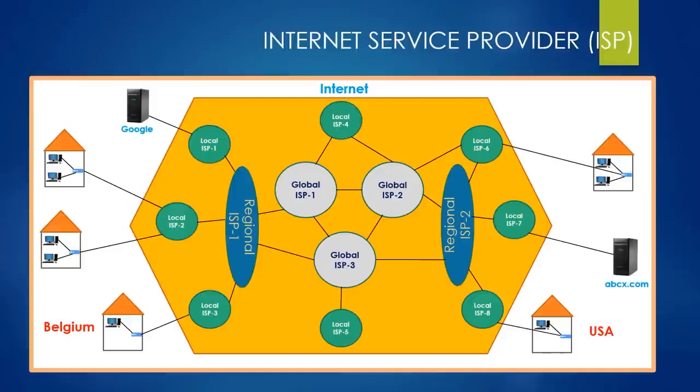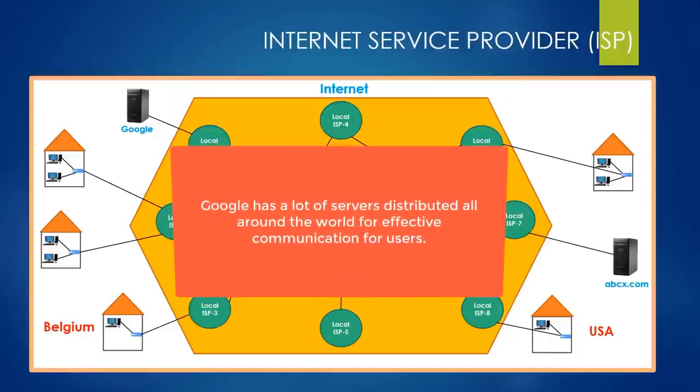And now, let's try to enter google.com instead of abcx.com and see what happens. Google is quite different from abcx.com since it is a giant company. For instance, unlike abcx.com, Google has many servers distributed all around the world.